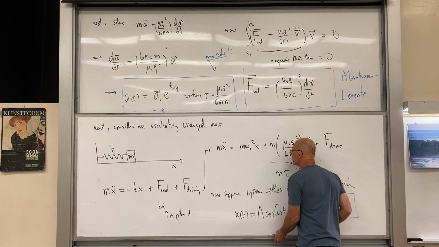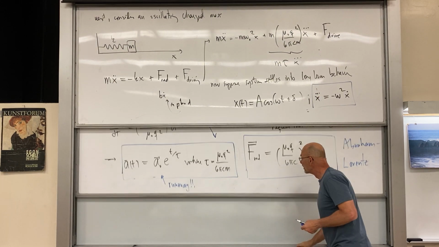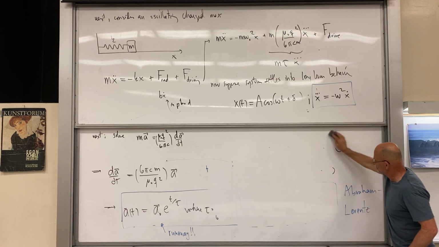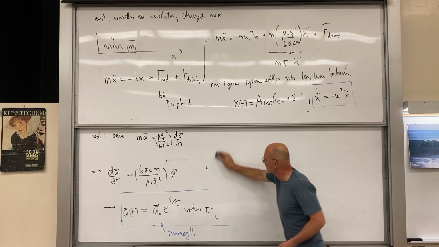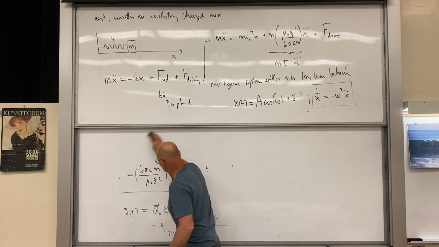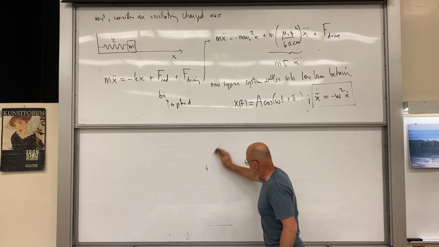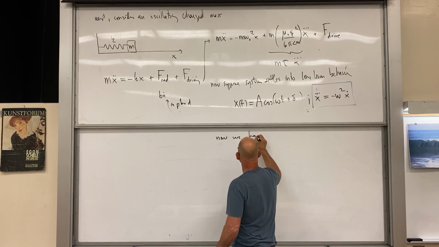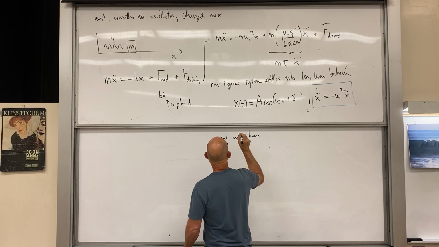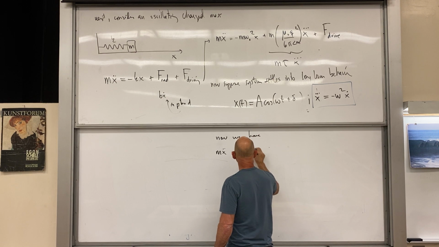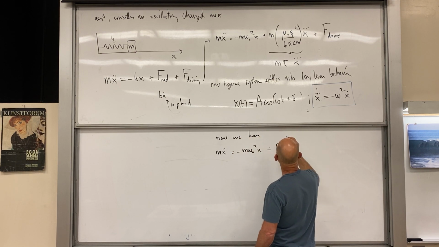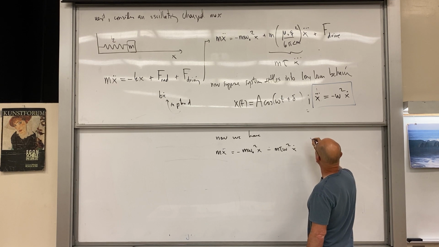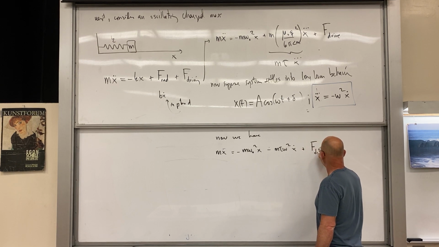So let's rewrite the whole thing. What do we have? m x second derivative equals minus m omega naught squared x minus m tau omega squared x dot plus the driving force.